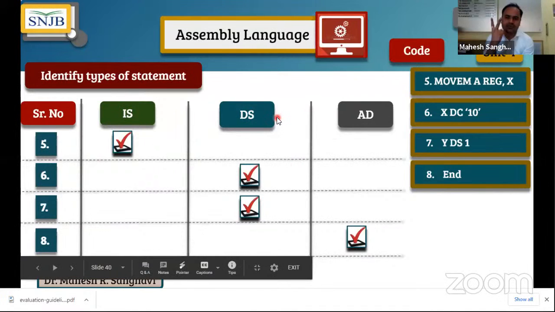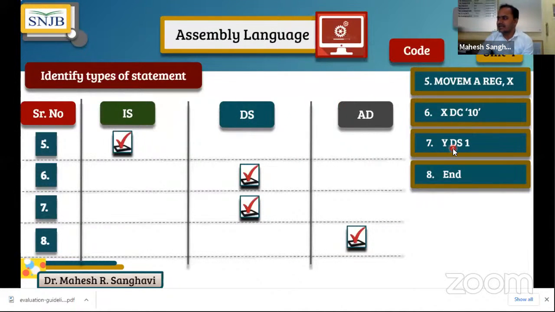DS, there are only two statements, this is DC and DS, coming under the category of DS. And AD, that is assembler directive statement, is saying start, end, and there are 3 to 4 more assembler directive statements. So once we understand that, I hope you can identify the types of statements easily.